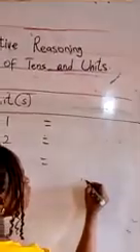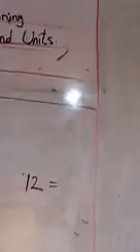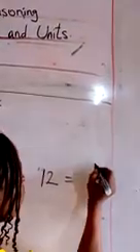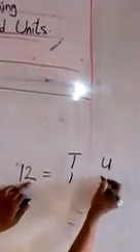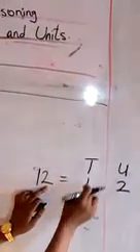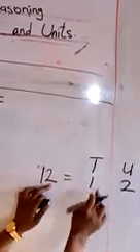Okay, if you have something like this, you have 12. And you were told to put it in tens and units. What you are going to do, we have another topic that will go like this, tens and units. Then you put your 1 here and your 2 here, which is your 10 is 1.